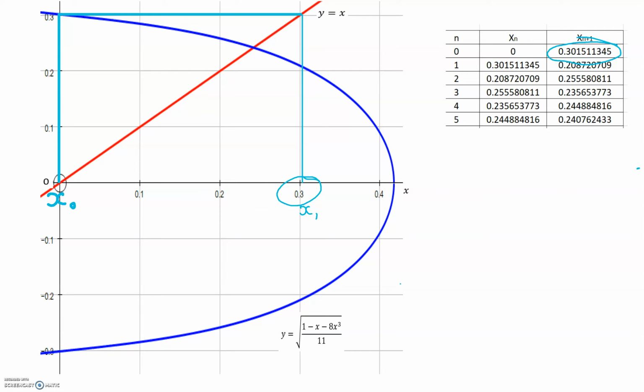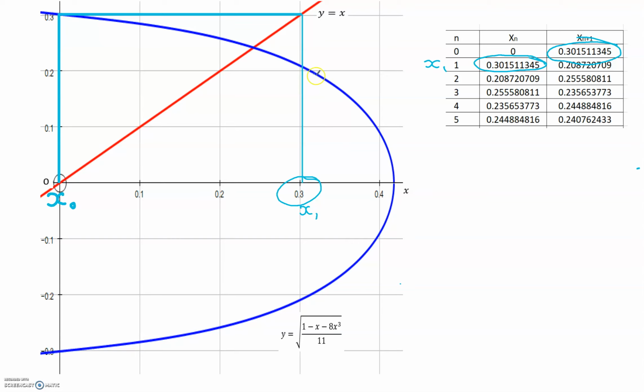So what we want to do then is take that as our new x value, our x1, and substitute it into our iterative formula, i.e. we want to know where that x value hits our blue curve and what the value is when we substitute it into 1 minus x minus 8x cubed all over 11.